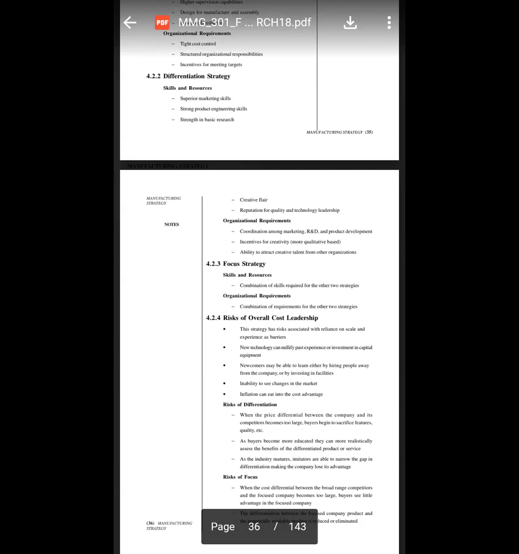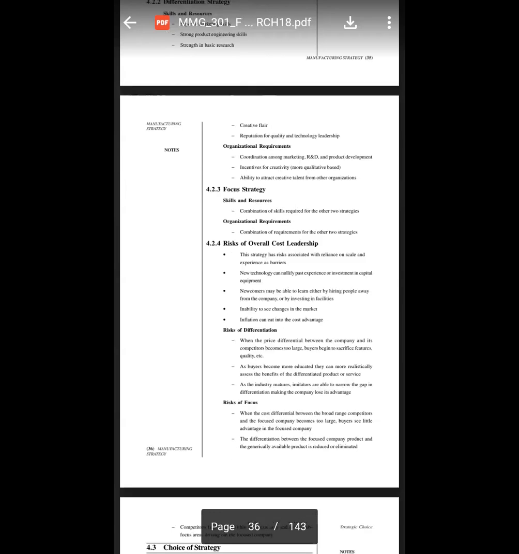Organization requirements: coordination among marketing, R&D, and product development, incentives for creativity, ability to attract creative talent from other organizations. Now focus strategy: a combination of skills required for the other two strategies, and a combination of organizational requirements for the other two strategies.